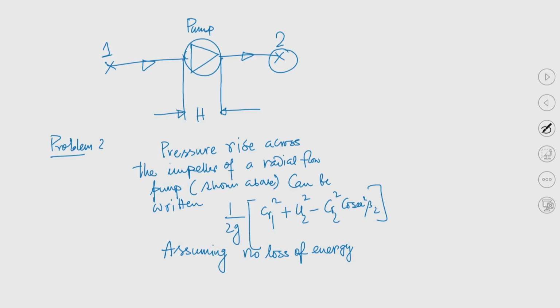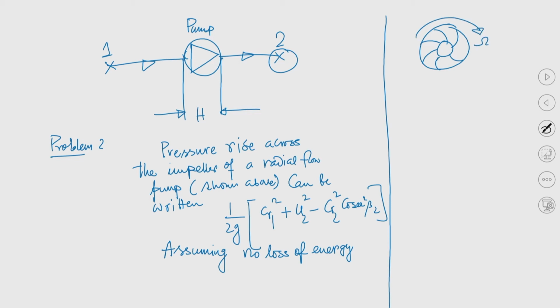Again, for this, we try to draw the velocity triangle at the inlet and outlet, so this is the solution. This is the pump rotating at an angular velocity omega.